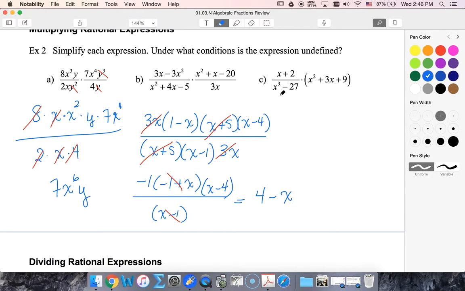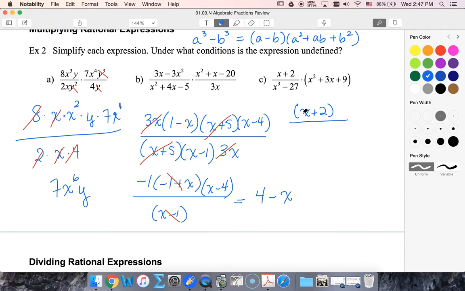Okay. In this last one, I've got perfect cube minus perfect cube. I don't know if you know this formula off the top of your head, and it's okay if you don't, but the way this factors is as a minus b times a squared plus ab plus b squared. So, knowing that, I'm going to come down and factor. I've got x plus 2. Notice this is like being in the numerator, so I'm going to factor it up top. It does not factor though.